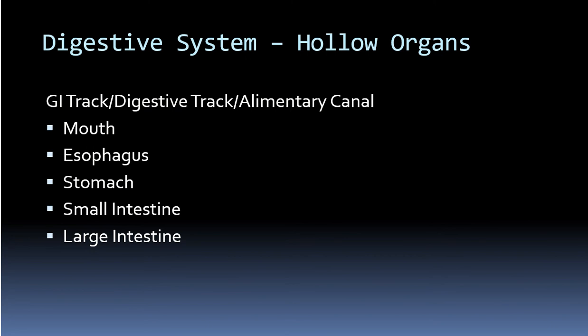The digestive system forms what is called the GI tract, digestive tract, or alimentary canal. These are essentially the connected hollow organs, which go more or less in a continuous chain. The hollow organs would be the mouth, esophagus, stomach, and then the small and large intestine.